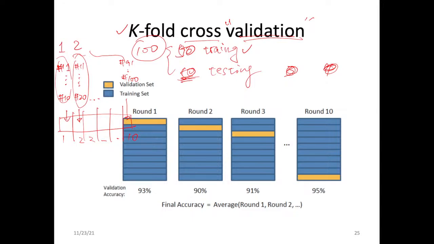In the third round, I use the third fold as the test data, the others as the training data. So I would do this for 10 rounds. For each round, I use one fold as the test data and the other 9 folds as the training data. Eventually, I would have 10 results, and I just compute the average of these 10 results as my final estimation of the accuracy.